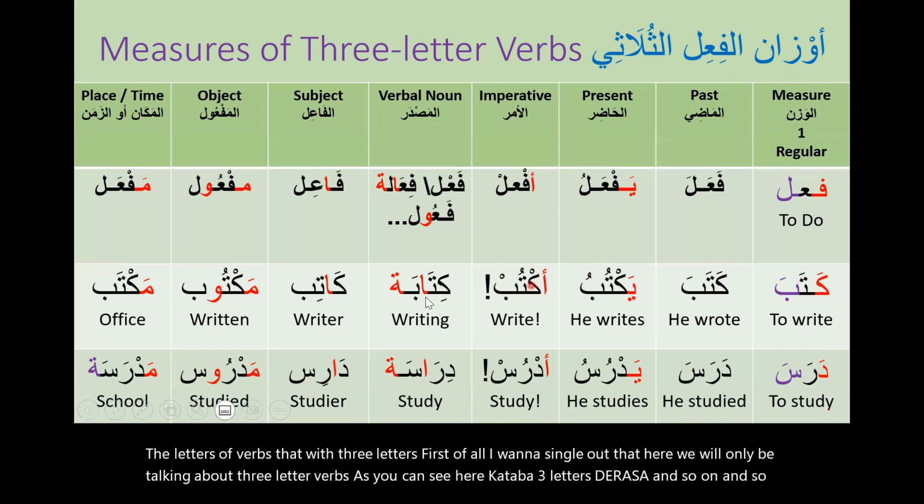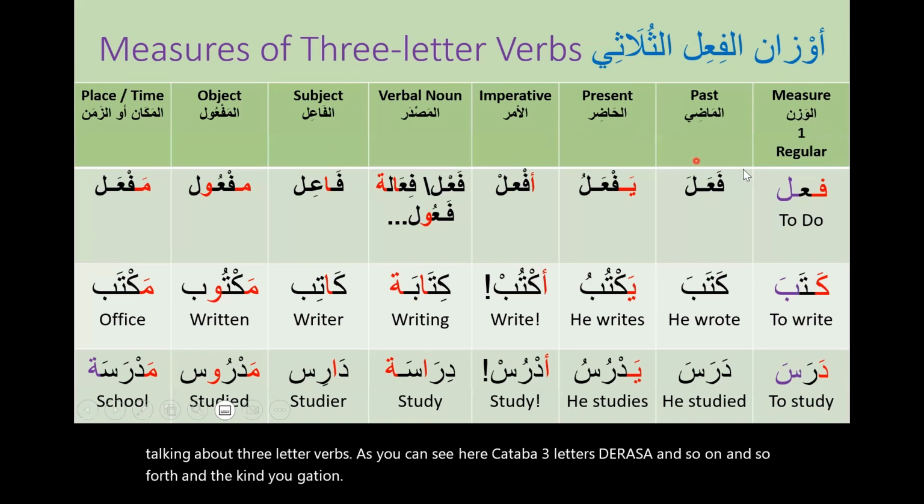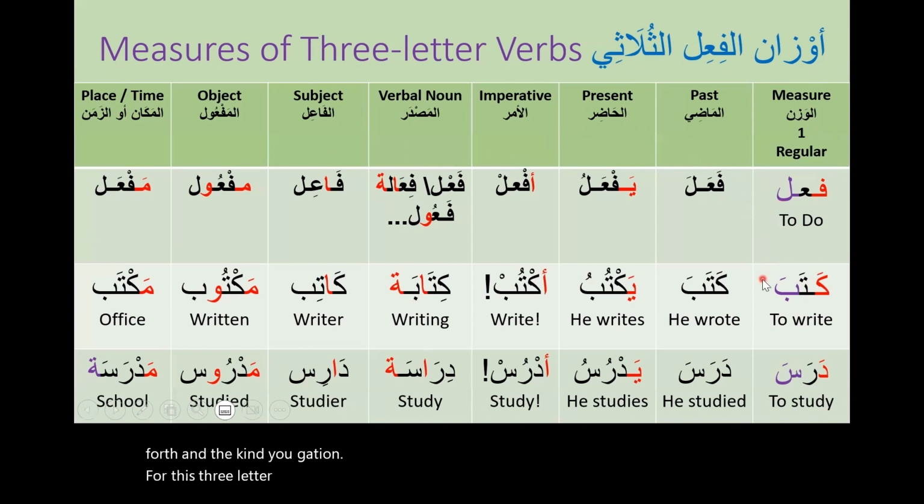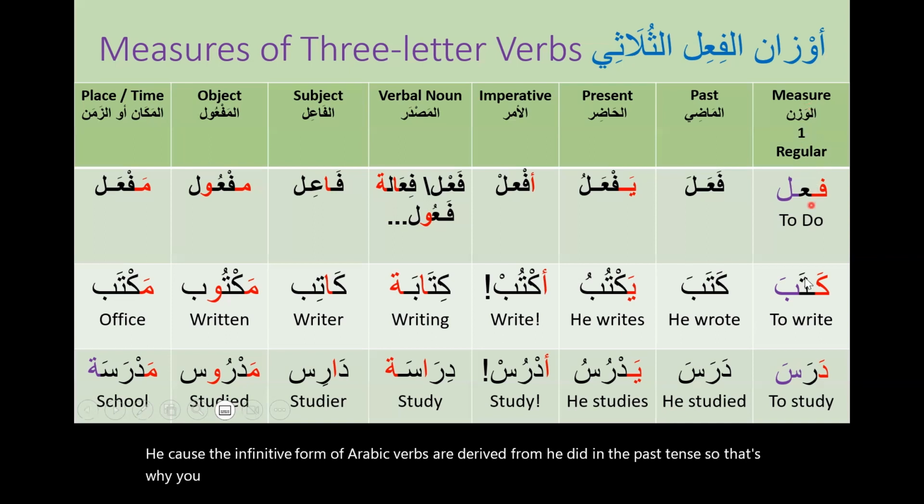And the conjugation for these 3-letter root verbs is only "he", because the infinitive form of Arabic verbs is derived from "he did" in the past tense. So that's why you see here our infinitive verbs, to do, to write, to study, they look like this column here in the past tense. Same, same, same. All right.